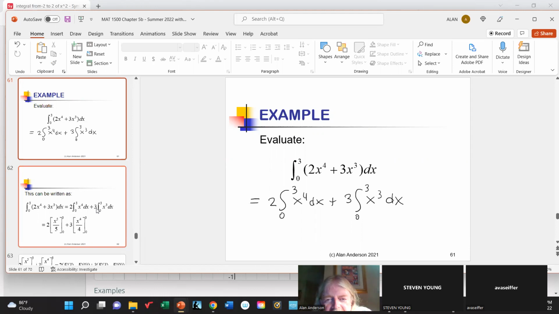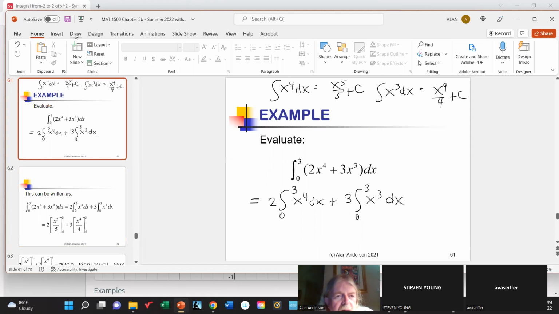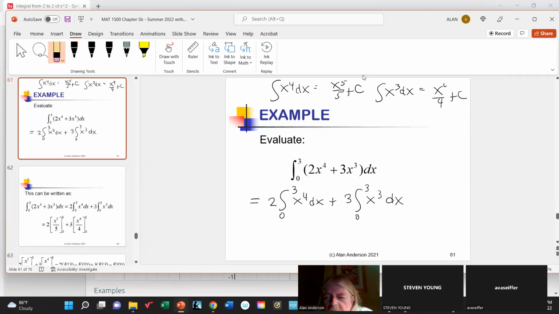And then just a quick reminder, because of the power rule, this would give us x to the 5th over 5 plus c. This would give us x to the 4th over 4. Let's make that a little neater.